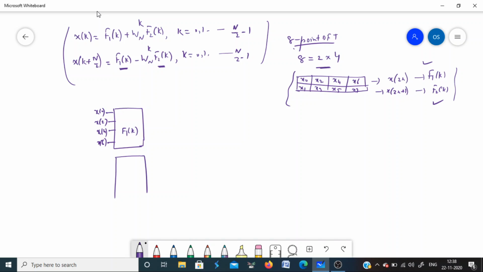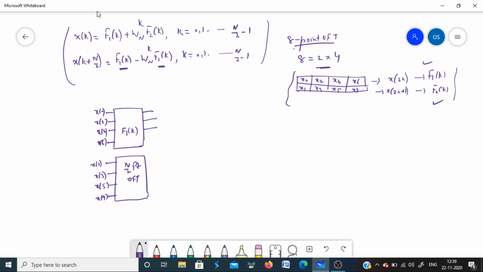And the second DFT that we have, which is again an N by 2 point DFT, which is F2k, gives me the DFT of the odd sequence, that is x1, x3, x5 and x7.